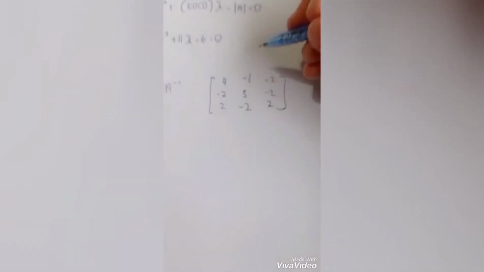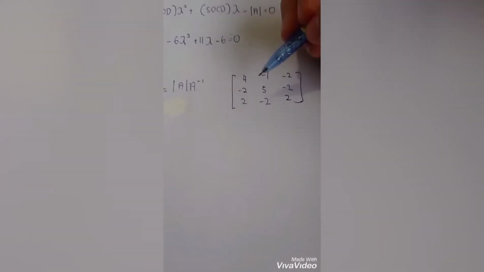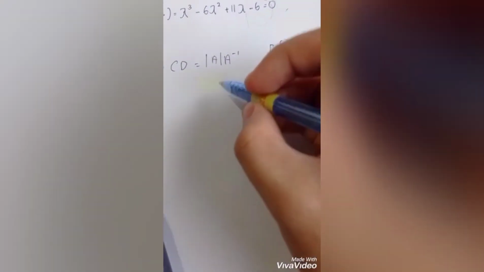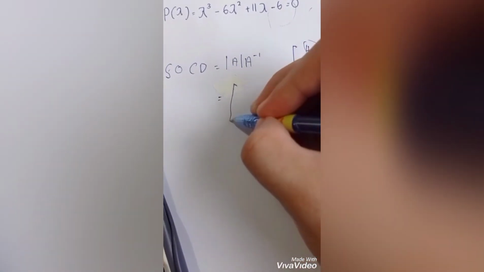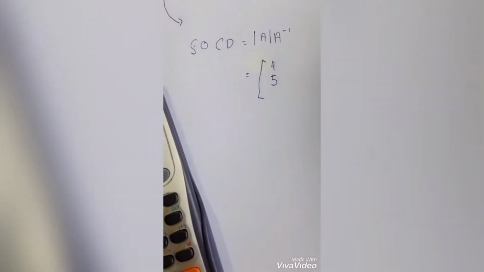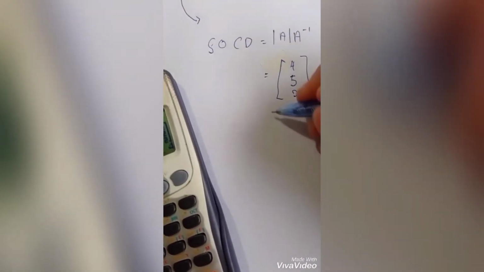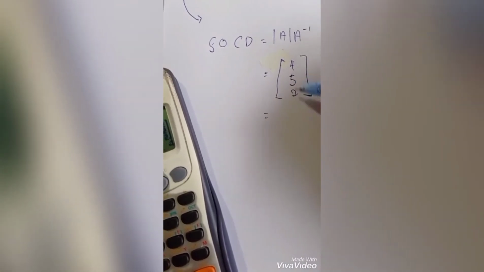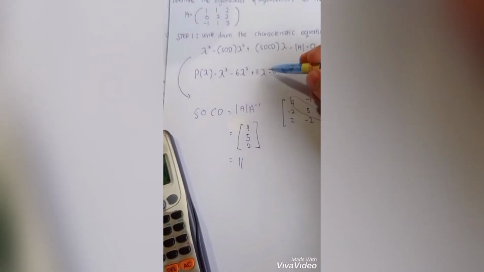So we take the sum of cofactor diagonals here. It will be the sum of 4, 5, and 2, and we will get 4 plus 5 plus 2 equals 11, and we will get this value.